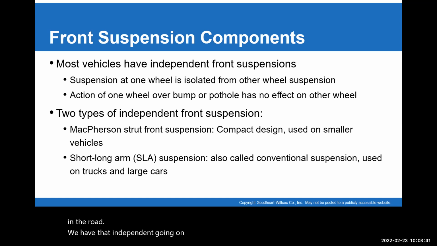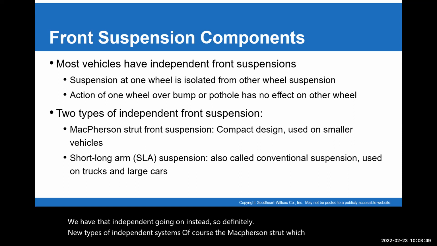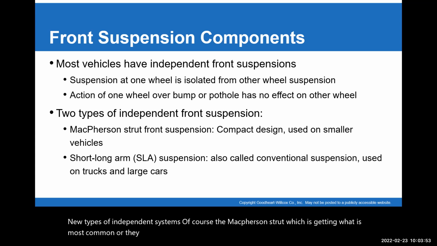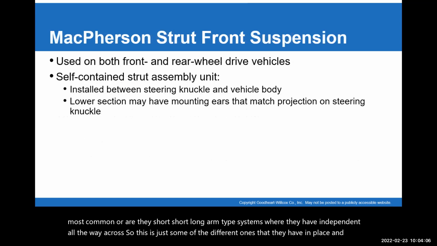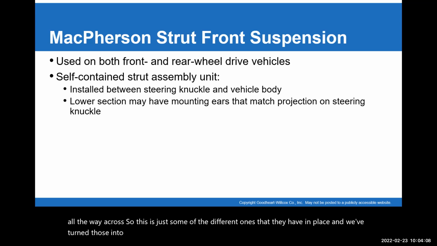There are definitely two types of independent systems: the McPherson strut, which is the most common, or the short long arm type systems, where they have independent all the way across. These are just some of the different ones they have in place, and we've turned those into electronic suspension systems too.